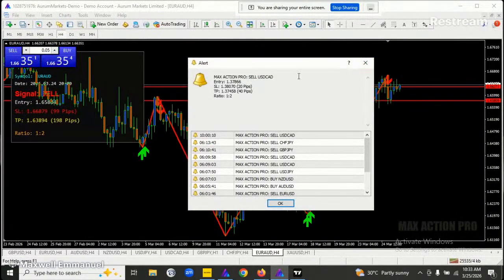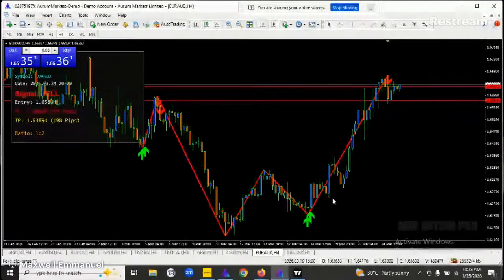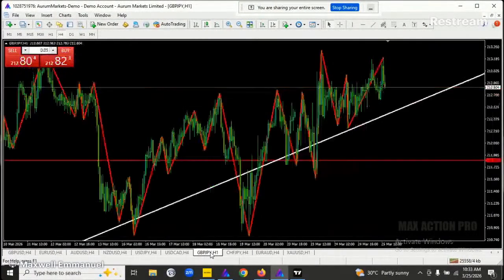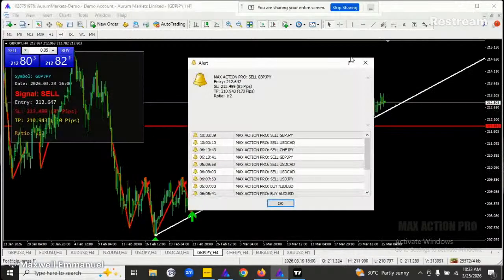you can see the signal given here. You can see the signal, stop loss, and the reason for the sell.